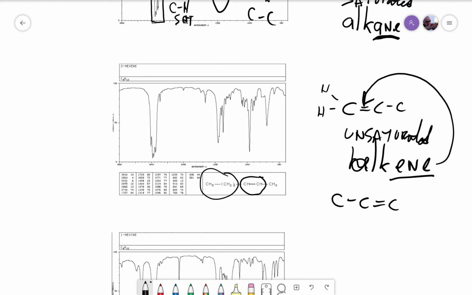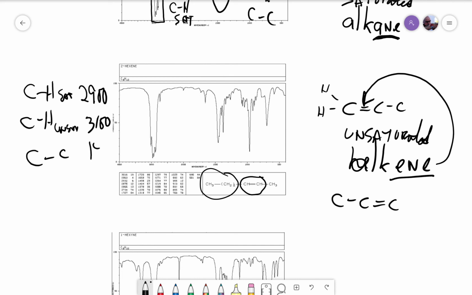That means this molecule will have carbon-hydrogen stretching that is saturated at 2900, but it'll also have carbon-hydrogens coming from things that are unsaturated, which make things stiffer, at about 3100. In addition, we'll have the CC single bond at 1400, and now a CC double bond, which is stiffer, so faster, at about 1600.